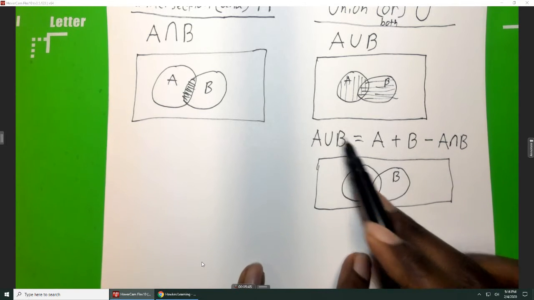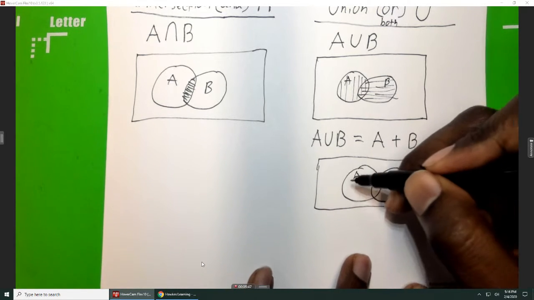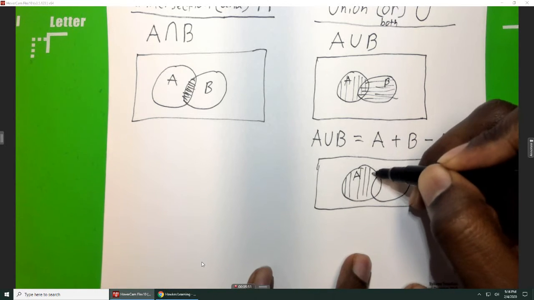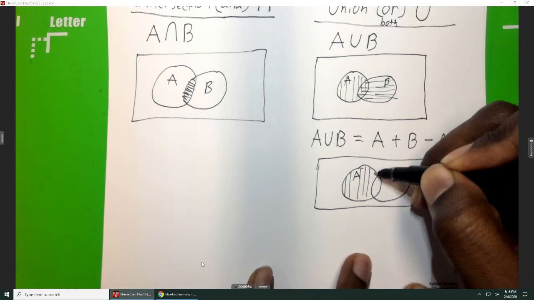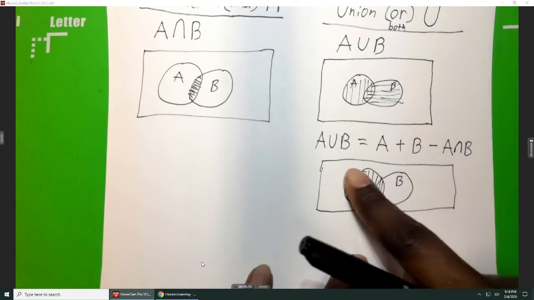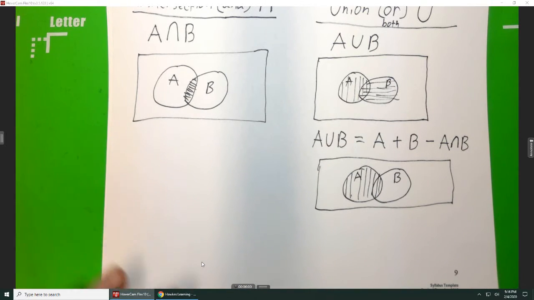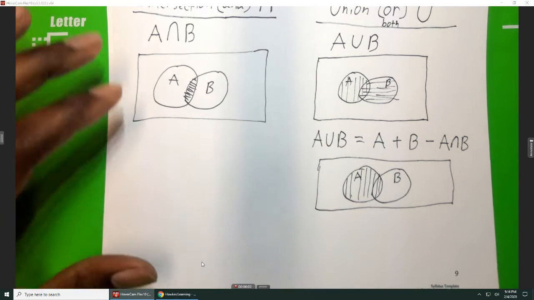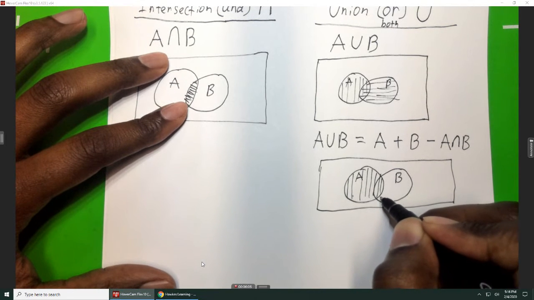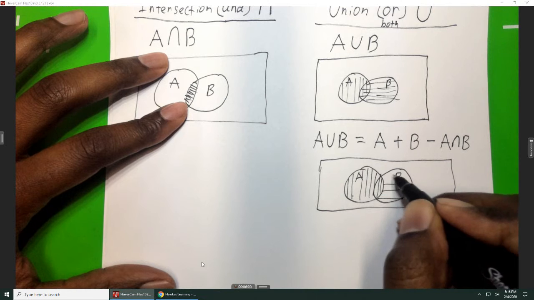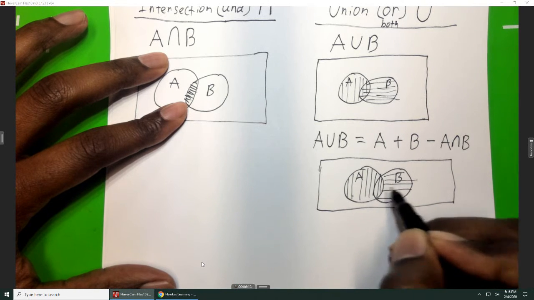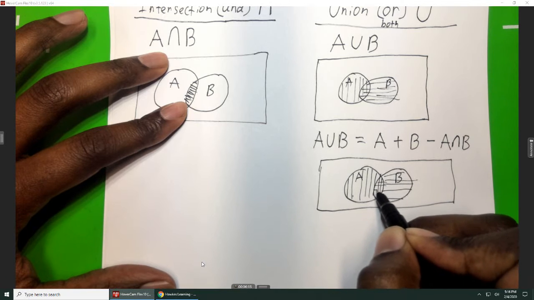Whenever we do A union B, we count everything that's in A. So I'm going to do vertical lines just to highlight A. So this part that goes over in B, this is also A. So when I count A, I counted this portion right here. Then when I count B, and this is why I did the lines differently, B will be all of this part, right? But guess what? This part right here that overlaps, I'm counting this piece twice.